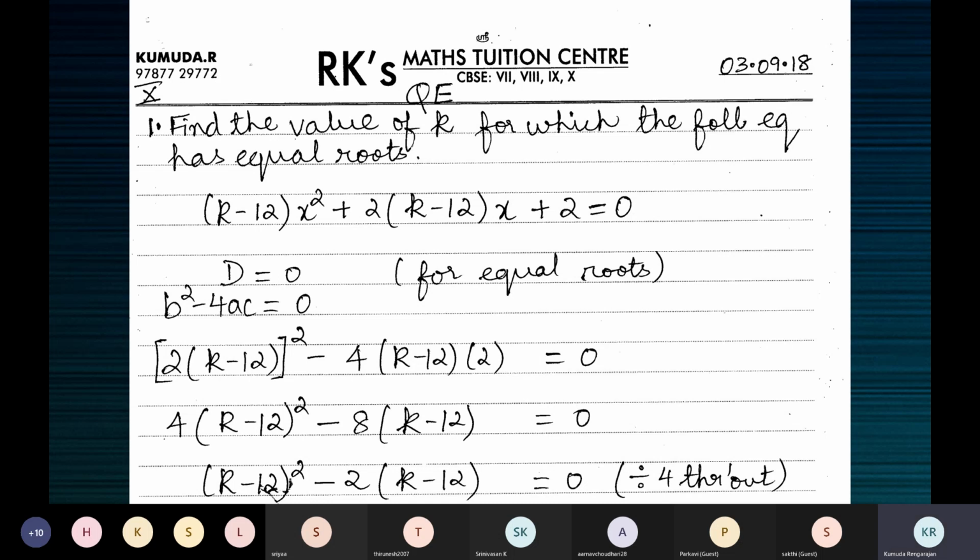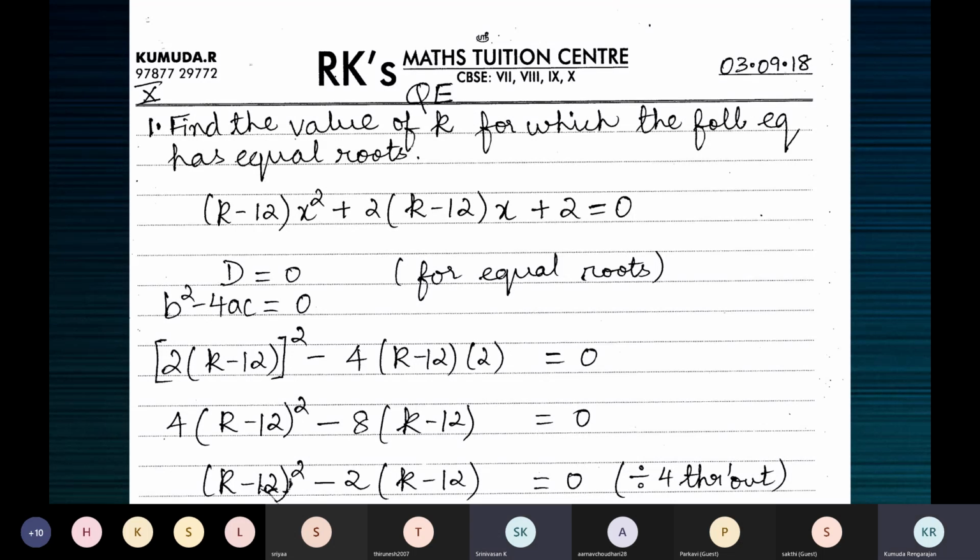Got the value of K? I'm doing. Okay. K is equal to 14.